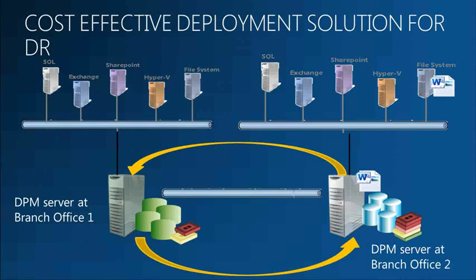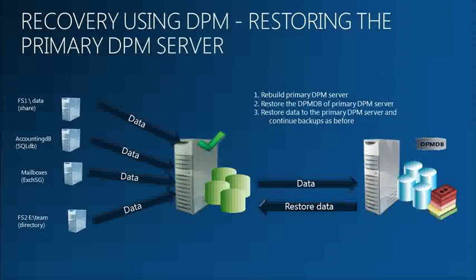There's a couple of different instances and scenarios for DR. Actually, one of the things I want to mention here is there's an Orchestrator integration pack for Data Protection Manager with Orchestrator 2012 that allows you to automate some of the recovery. So if I'm doing single item recovery, it's relatively easy, just go into the DPM console and do that.